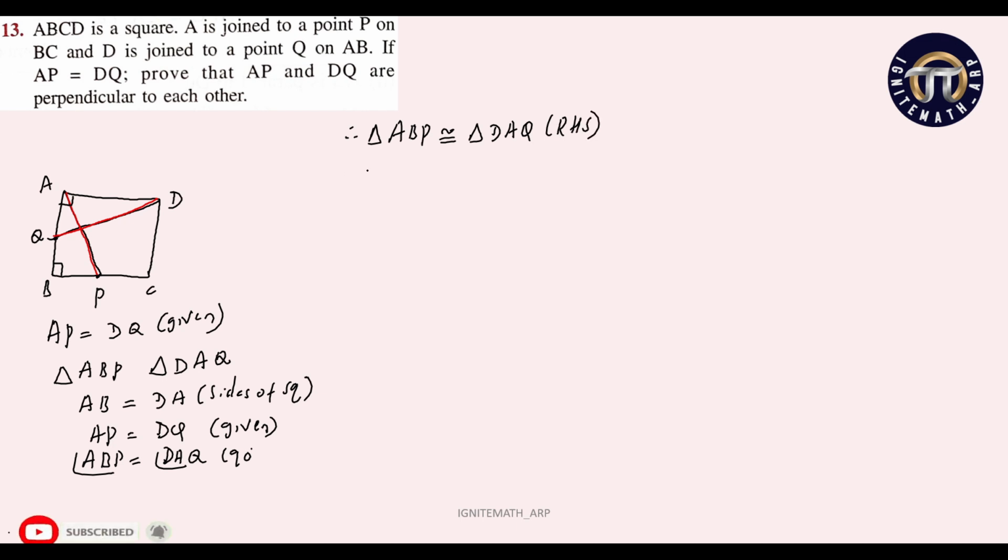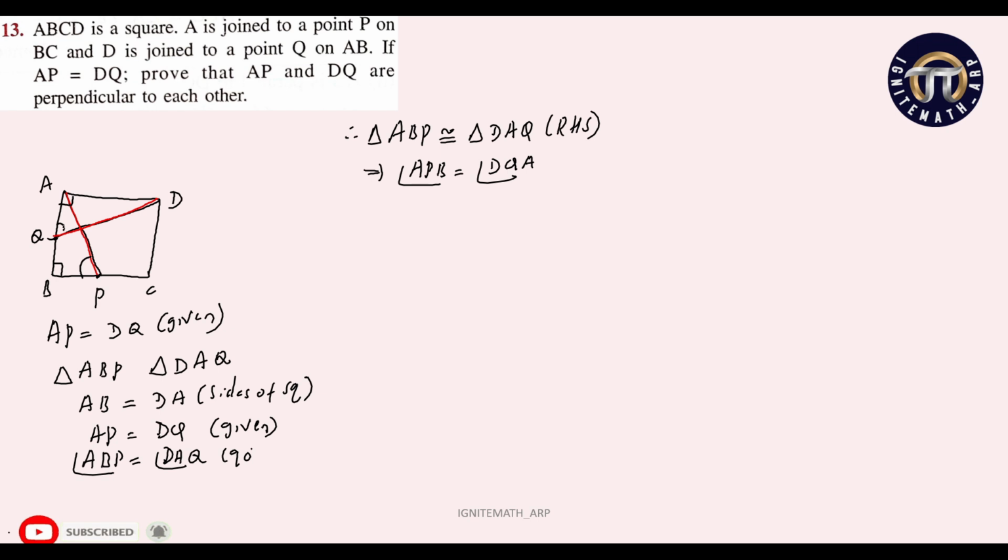Right? So I can say that angle APB is equal to angle DQA. So this angle is equal to this angle. Clear?